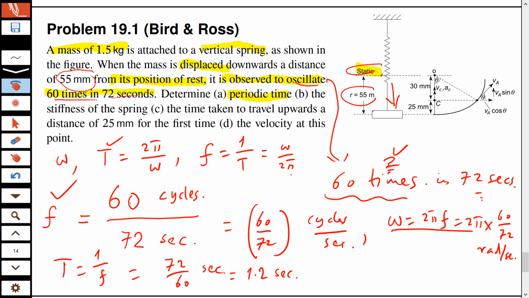Now the stiffness of the spring. Stiffness of the spring को हम कैसे कैलकुलेट करेंगे? This time must be equal to, जिस तरह पहले हमने कह दिया था कि उसमें 2 pi और m over k आ रहा था उसमें. ठीक है.